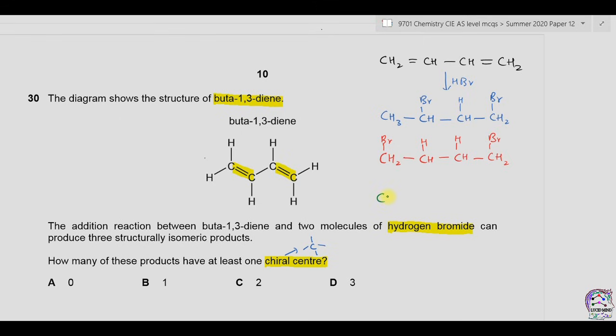The third possible structure is CH3, CHBr, CHBr, CH3.